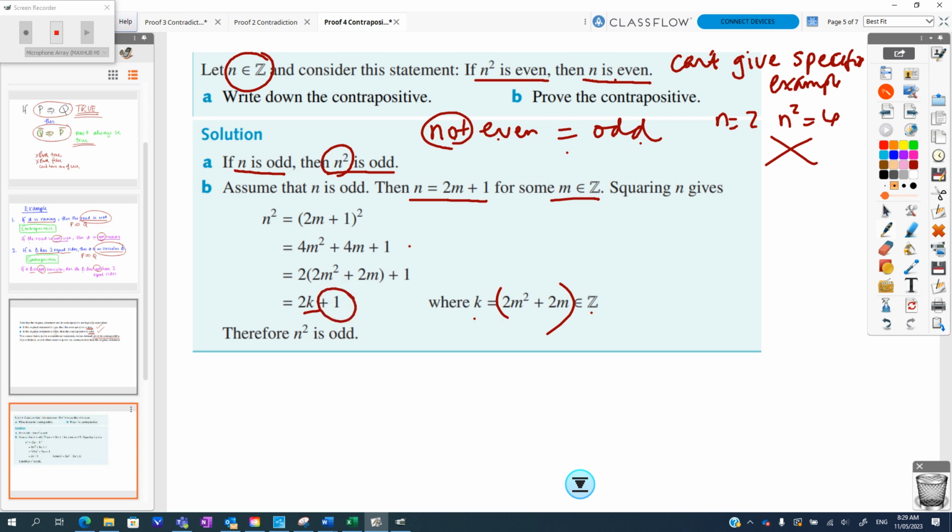We've got that 1 left over, which means that n squared is odd. So therefore, the contrapositive, if n is odd, then n squared is odd, is true. So therefore, the original statement is true.